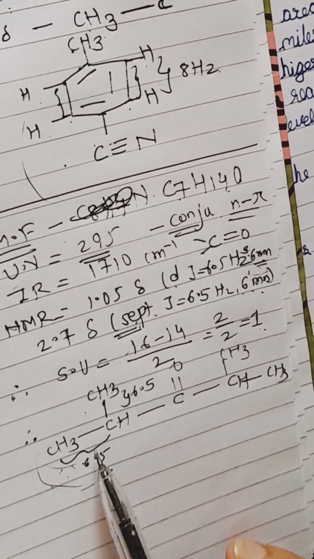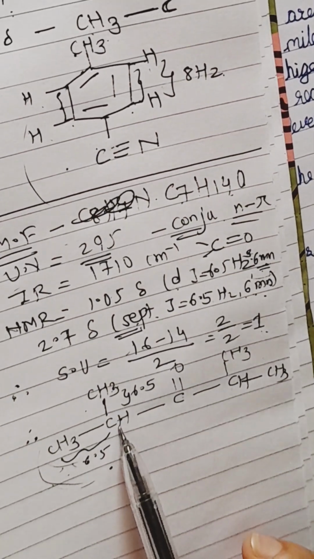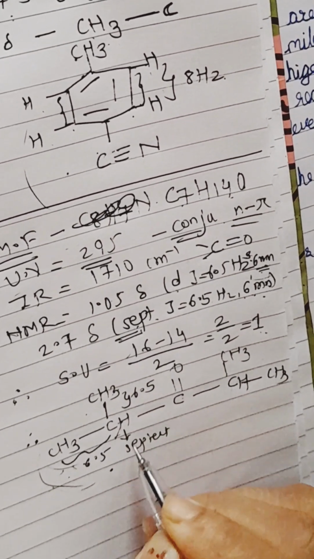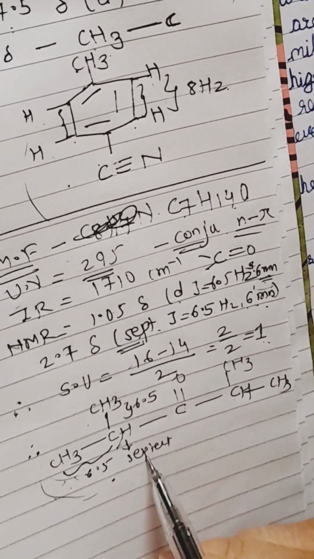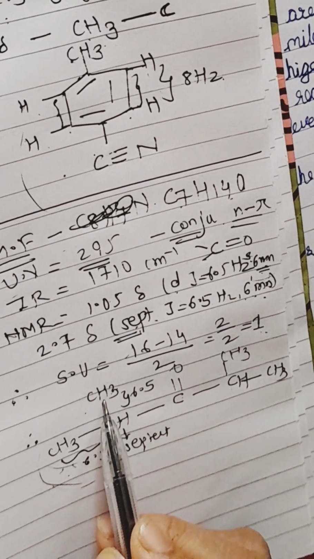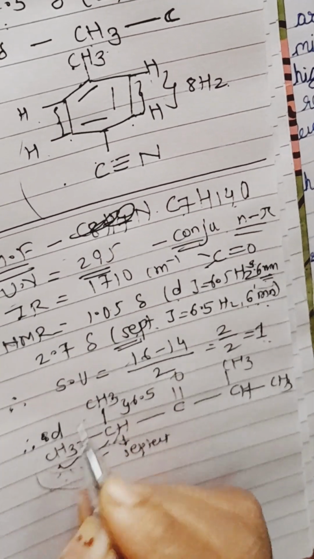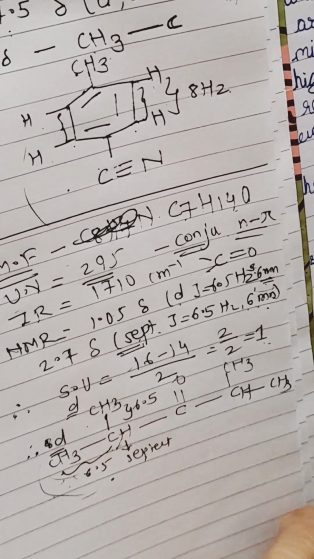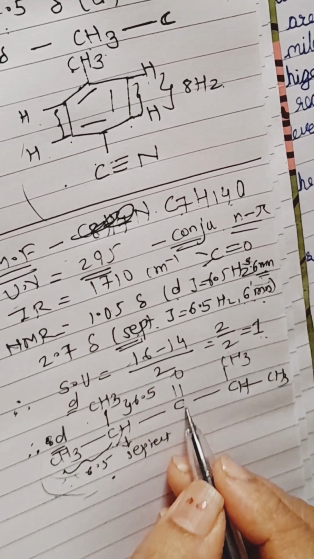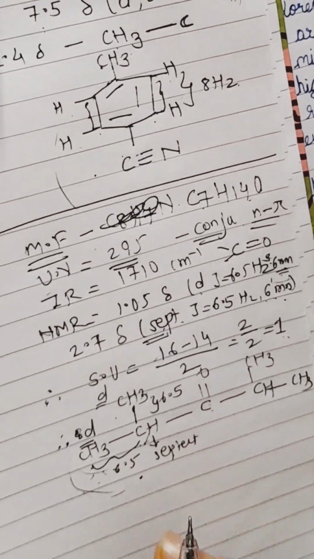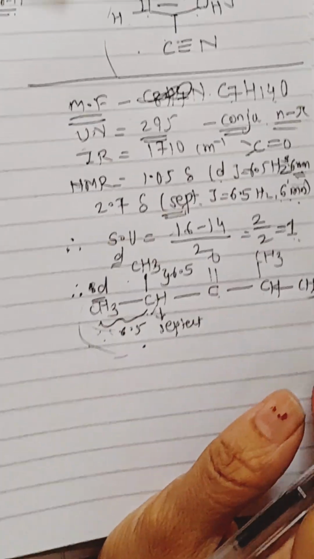This hydrogen atom shows a septet by the n plus 1 rule, 6 plus 1, and these 3 hydrogen atoms and these 3 hydrogen atoms show a doublet, and this is the carbonyl group.